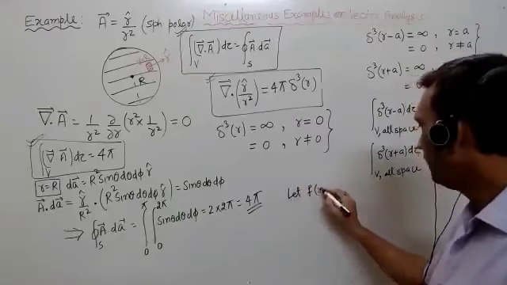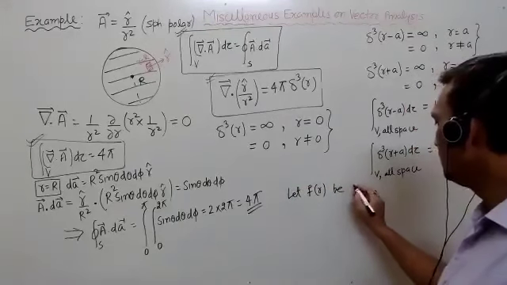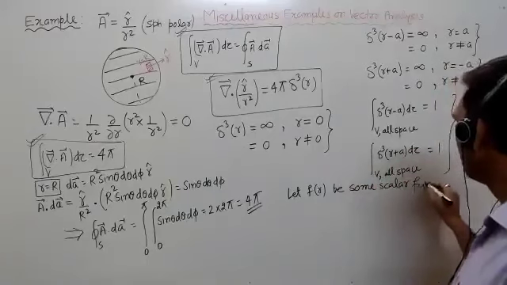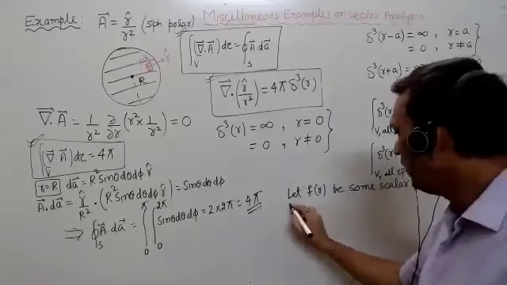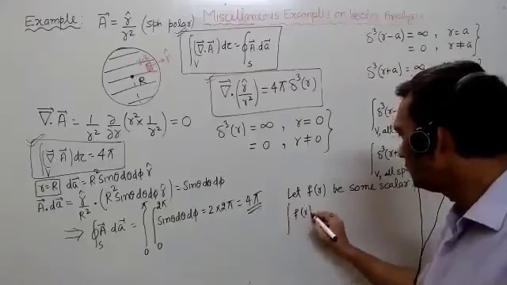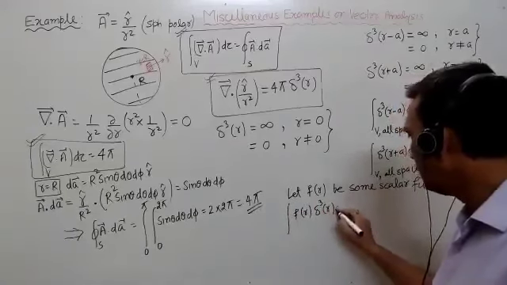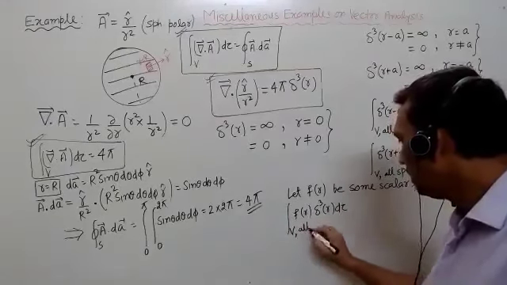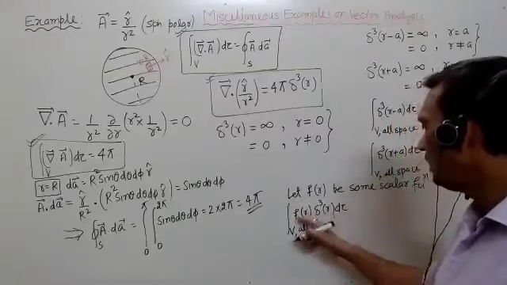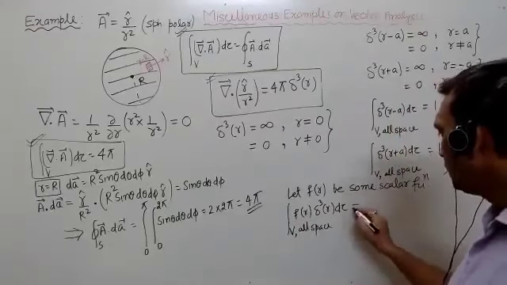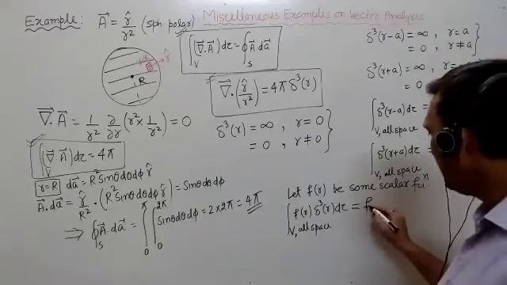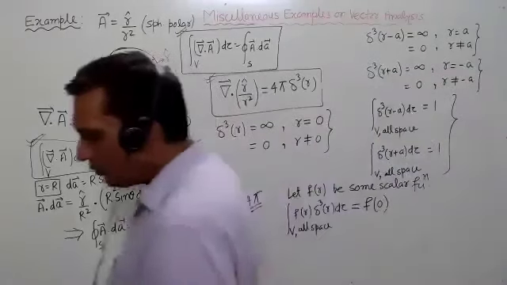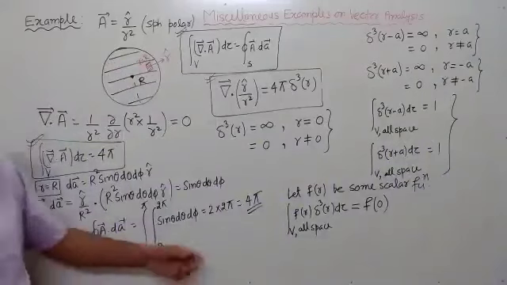Let f of r be some scalar function. Then the integral of f r delta r d tau, volume integral over all space, means this includes r is equal to 0. So this integral will be simply the value of the function at r is equal to 0.